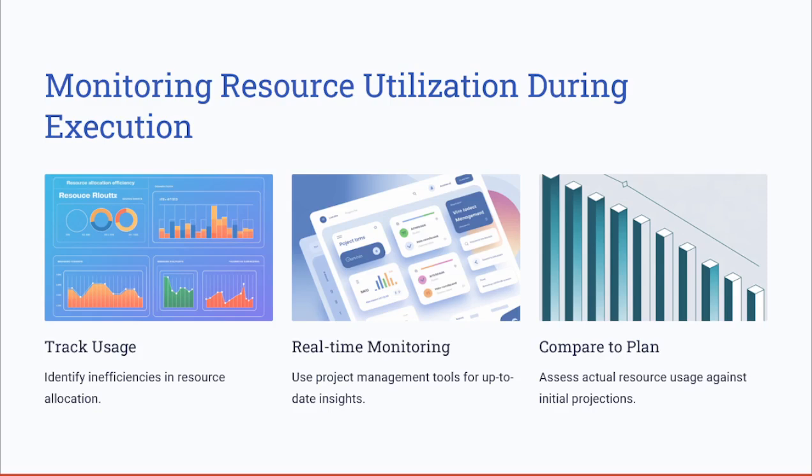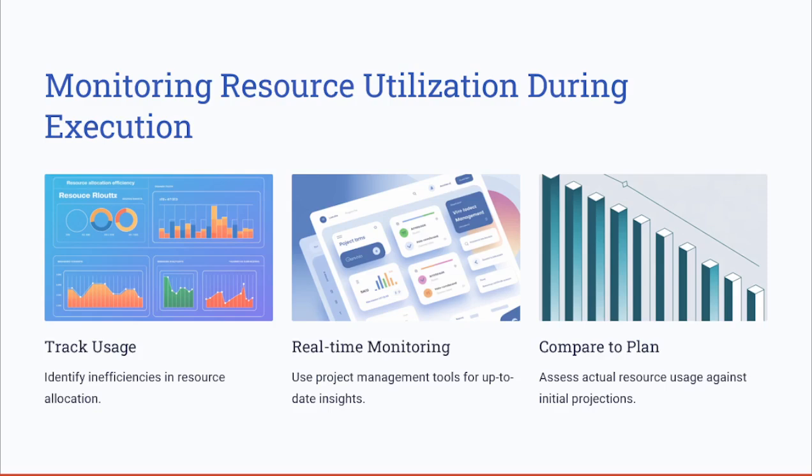How to monitor the resource utilization during the execution. Monitoring resource utilization ensures that the project stays on track and within budget. Tools like dashboards and tracking software provide real time insight into resource usage, helping managers to identify and address inefficiencies early and continuously. Regularly comparing the actual usage against the plan also ensures the alignment with the project objectives.